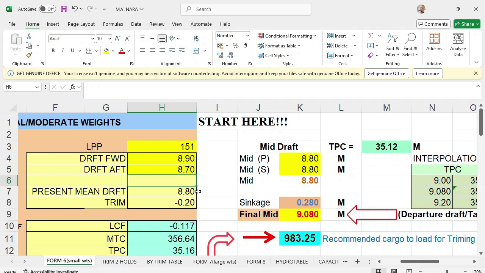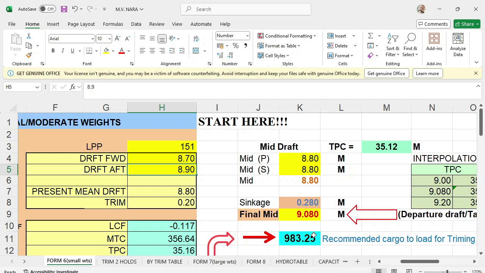Now you have a trim by the stern of 20 centimeters, and this is your draft forward, this is your draft aft, this is your mid, and this is your mid.